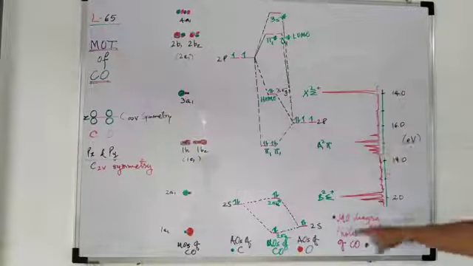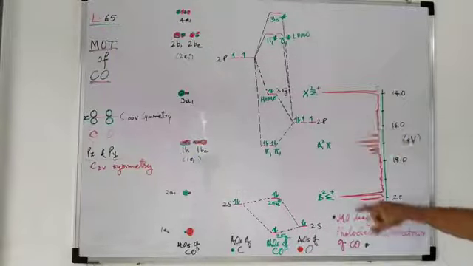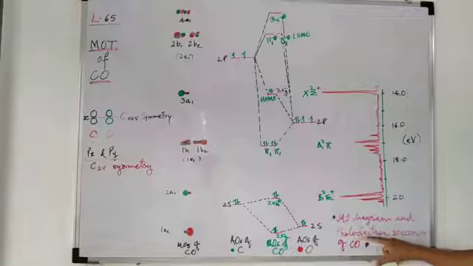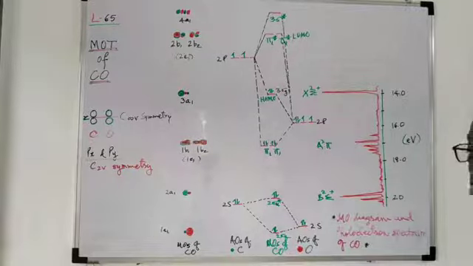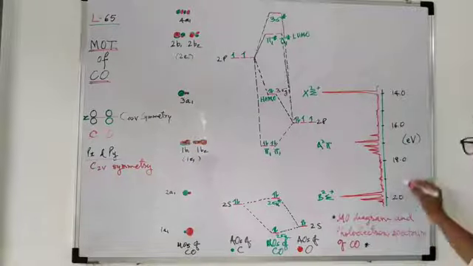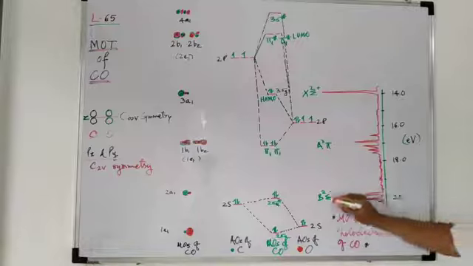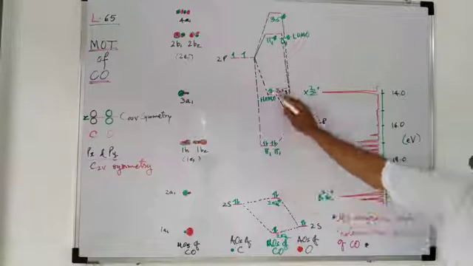Now you can find here another diagram showing the molecular orbital diagram with the photoelectron spectrum. So this shows the photoelectron spectrum of carbon monoxide. Here you will find that the values shown on this side represent the energies of these energy levels.